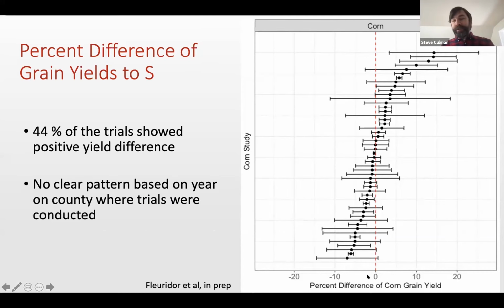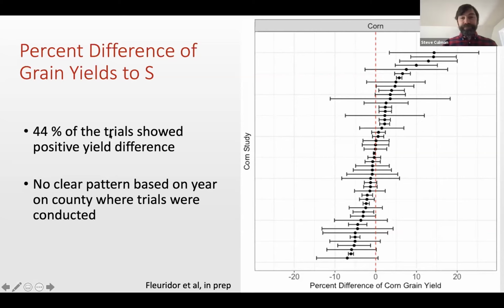When we're below this dashed red line of 0, it means that when we fertilized with sulfur, whether gypsum, AMS, or thiosol, it yielded less overall. Above the red line we see increases.